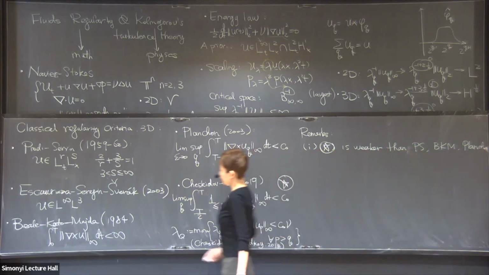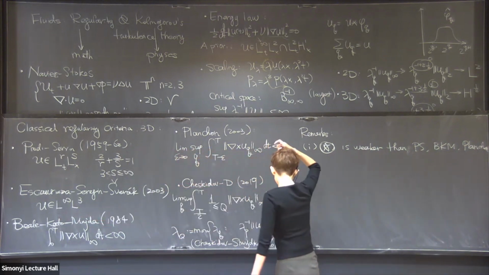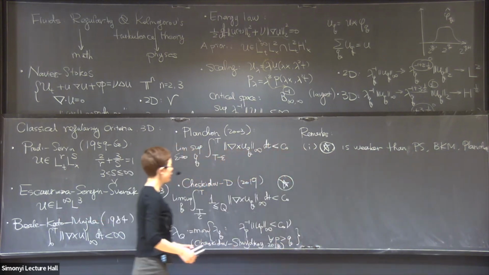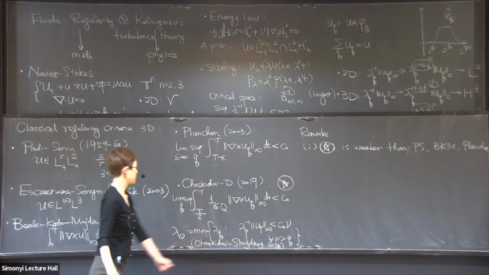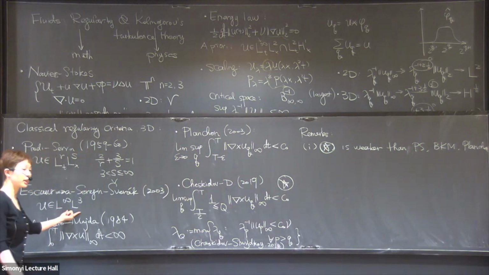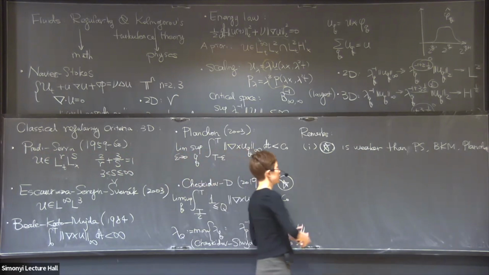And regarding the endpoint, it's tricky. At the time when we wrote the paper, we didn't know whether this condition and the other three conditions, one of them implies the other. We didn't know. Okay.